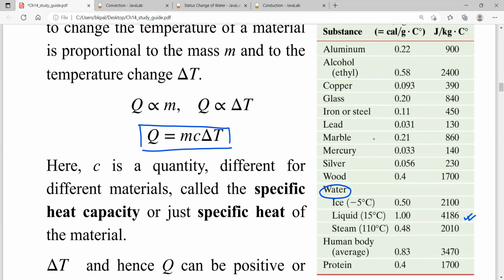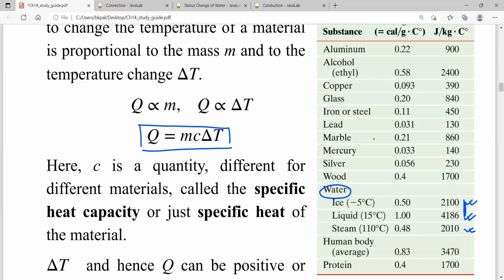Here you see that ice has one specific heat capacity, liquid water has a different one, and steam has another number. So remember that the specific heat capacities for liquid water and solid ice are different.